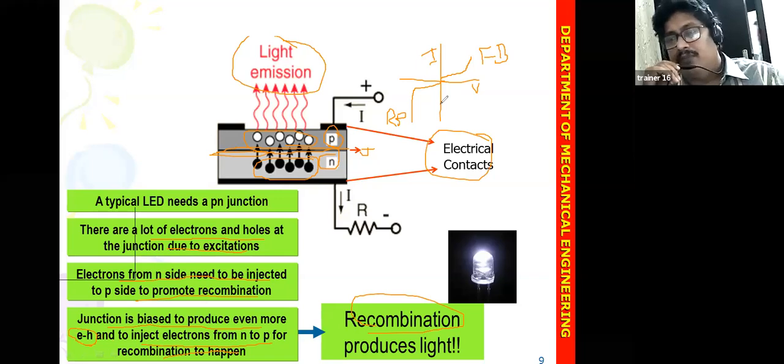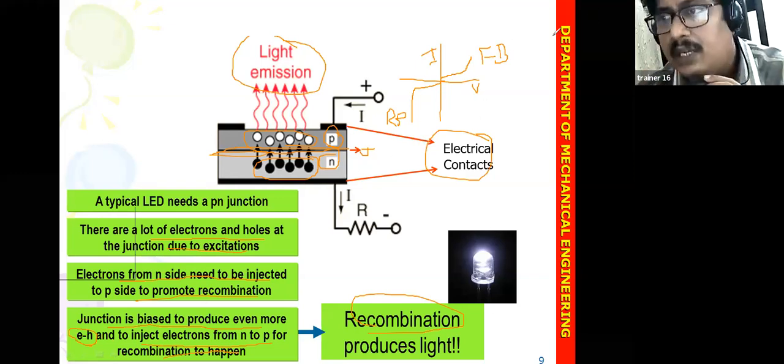That means current flow decreases in the reverse bias, whereas in the forward bias, current flow increases. So this PN junction diode works under forward bias. In the previous slide, I clearly explained you.